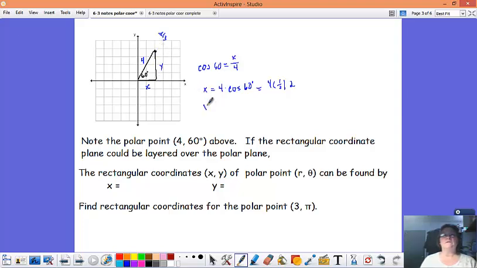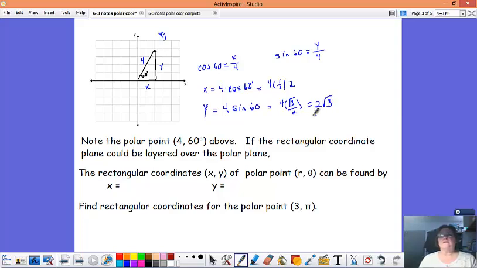To find the y coordinate, we use the sine, and we think sine 60 equals y over 4. So y is equal to 4 times the sine of 60. The sine of 60 is root 3 over 2. So our y is 4 times root 3 over 2, or you can reduce that, 2 root 3.